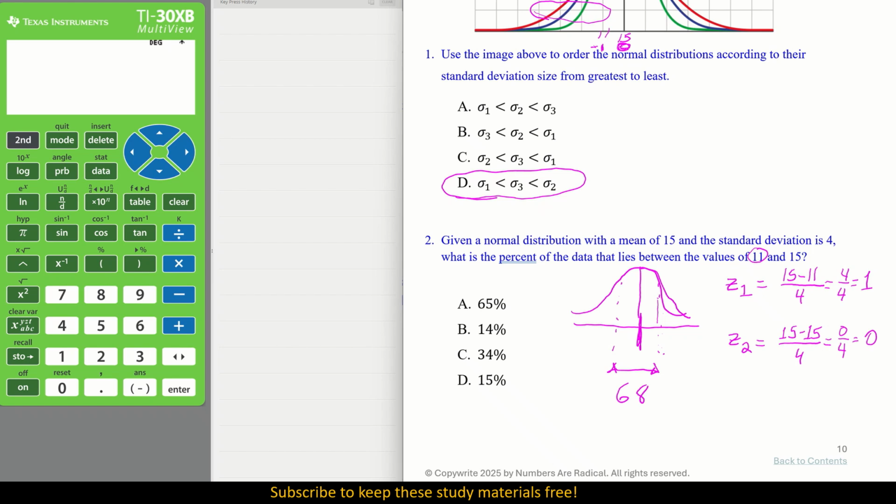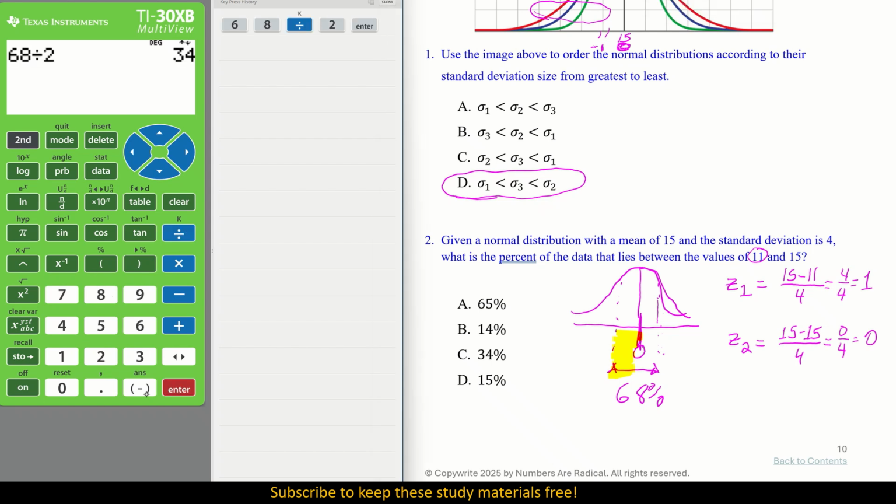That would be the 68%. Remember, we read this prior in this video. Well, if we're only from 0 to here, where I have it in yellow, that's half of our 68%. What's 68% divided by 2? 34%.